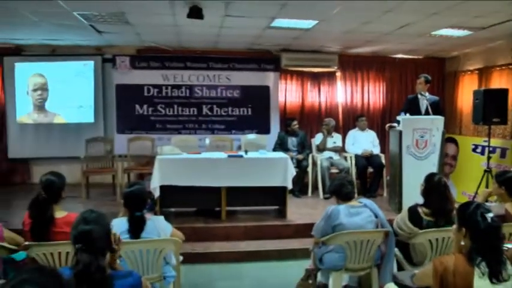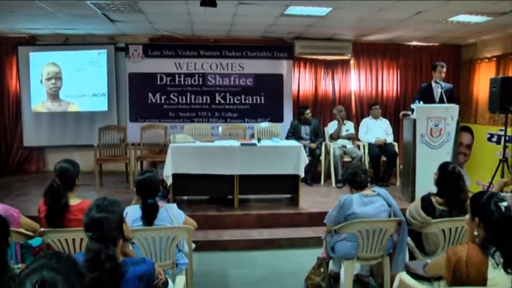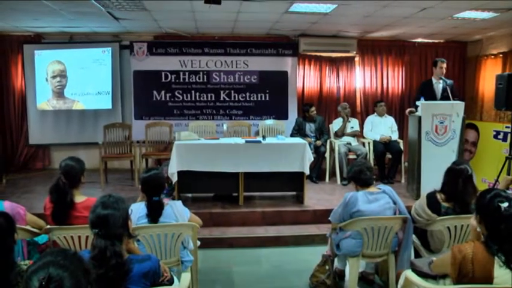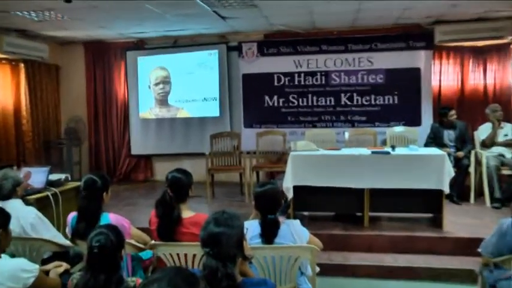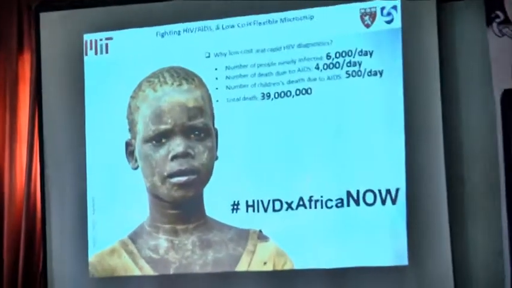Or if you look at the number of deaths, it's 4,000 per day, which is almost close to the population of Nagpur. So each year, that amount of people die because of AIDS. Or if you look at the children, that's like 500 per day, which is equal to the population of one elementary school per day, right?